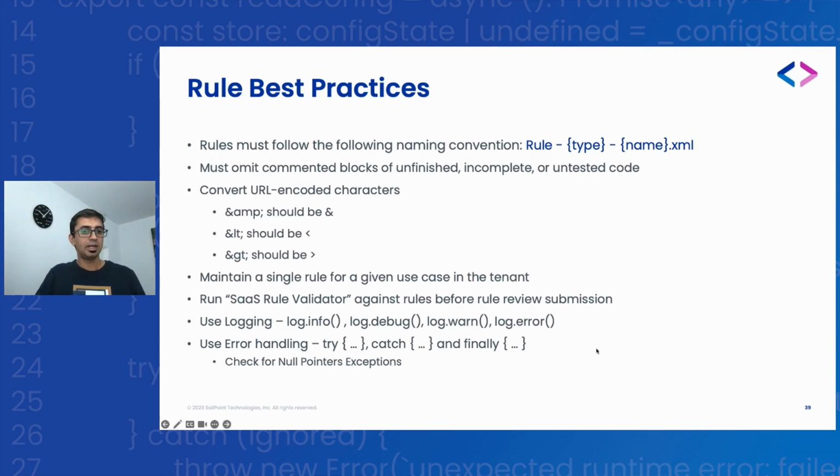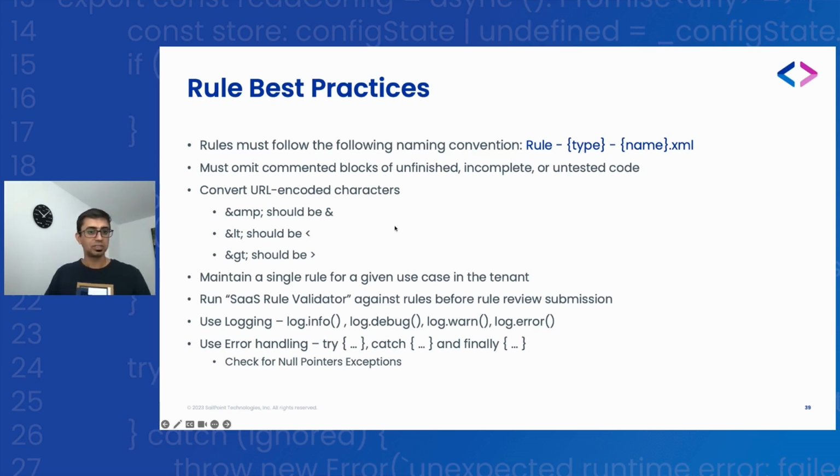When we write a rule, we need to follow a naming convention. The rule name should be rule, hyphen, the type of the rule, and then the name. If you're writing a generic rule, it is still rule, hyphen, the type is generic, and then the name.